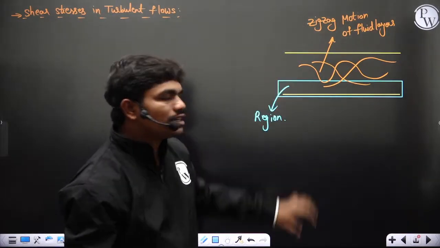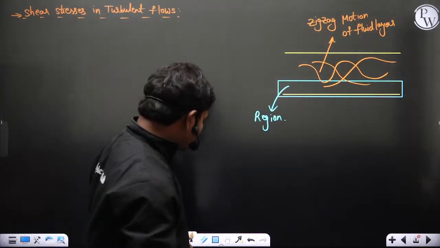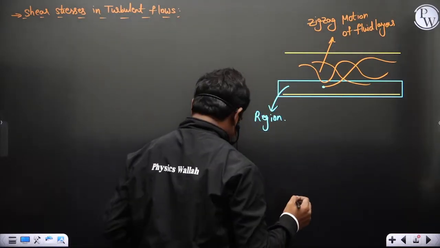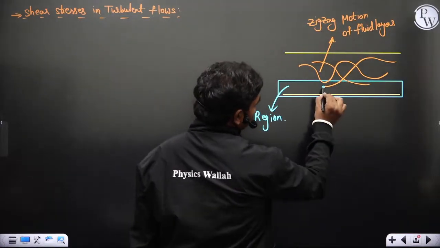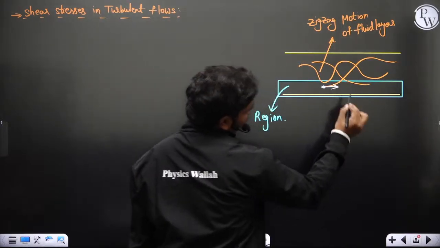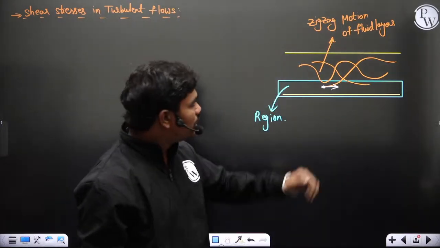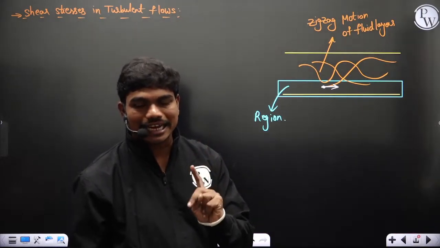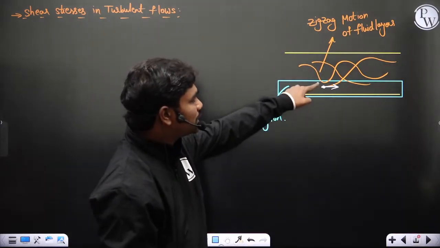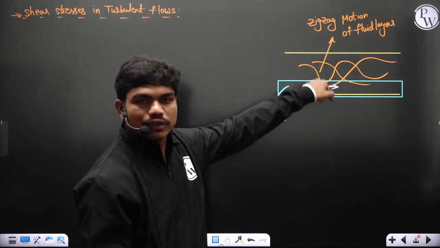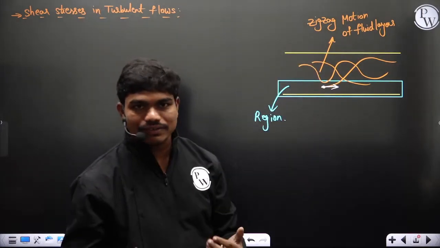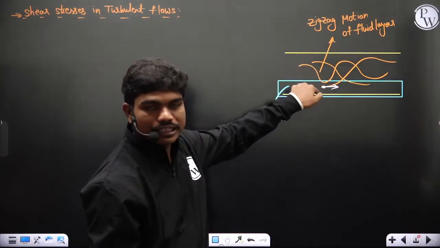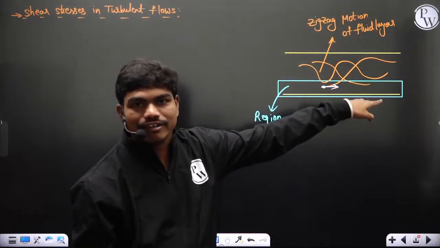Now in this region, if you take a fluid particle here, let's say for example this fluid particle is willing to move in this direction. Then for the movement of this particle, there is restriction due to two causes. First cause, because this particle is close to the plate, because of the viscous effects of the fluid, because every fluid has certain viscosity, this particle will not be able to move effectively in that direction, correct?